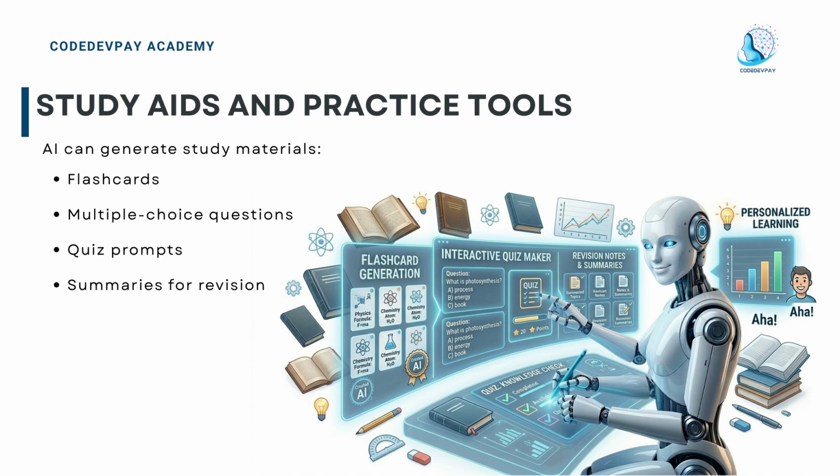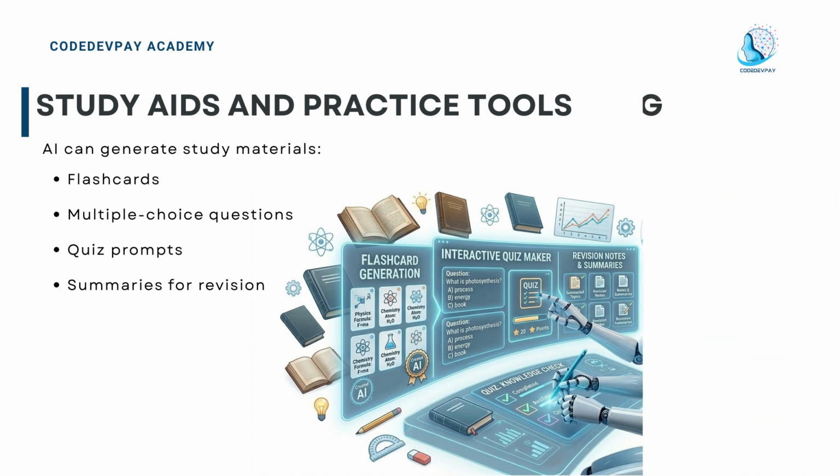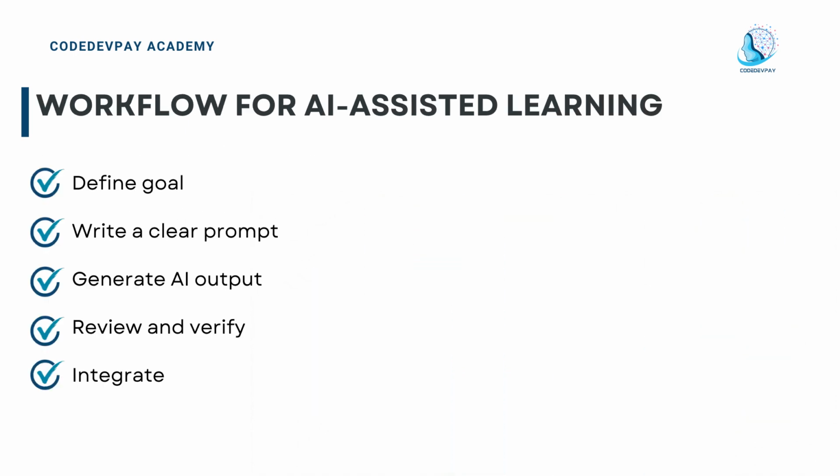So, a simple workflow for AI assisted learning, just like we did for AI assisted editing: you define the goal, you write a clear prompt, you generate your output, you review and verify, then you integrate it into your workflow.